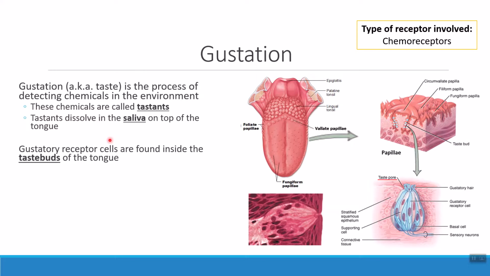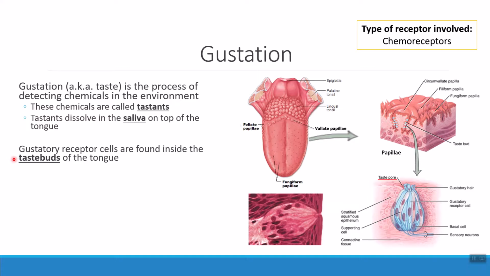Gustatory receptor cells are found inside little things on your tongue called taste buds. Now, a common misconception is that when you look at your tongue and you see bumps, you're seeing taste buds. Actually, taste buds are much smaller than those bumps that you're seeing on your tongue.